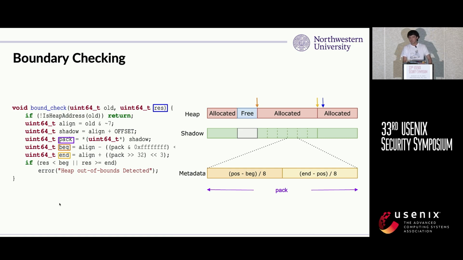By using the metadata, we can calculate the boundary of the object where the base pointer is located. So finally, we can do the boundary check. In this case, the result pointer is outside of the object, so the function will throw an error. Note that in the function, only one memory read operation is done, which means the cost of a single boundary check is cheap.